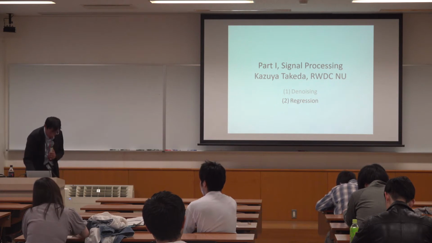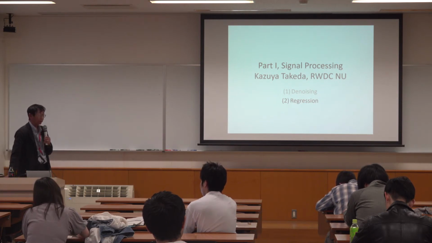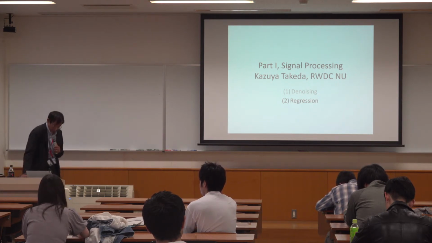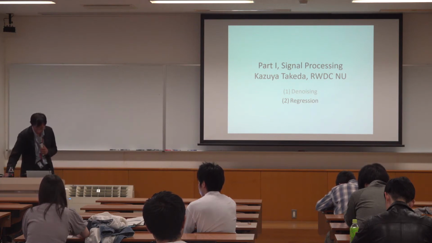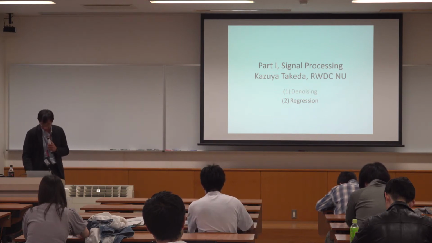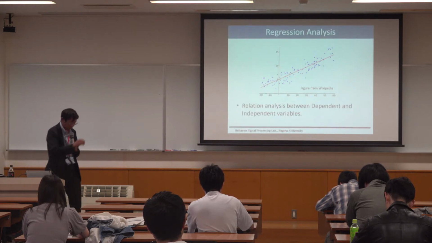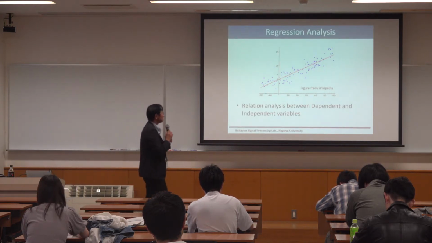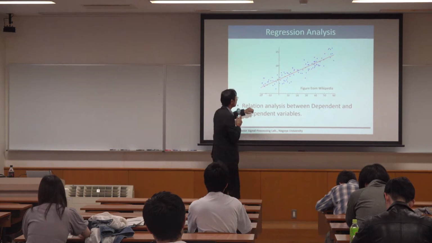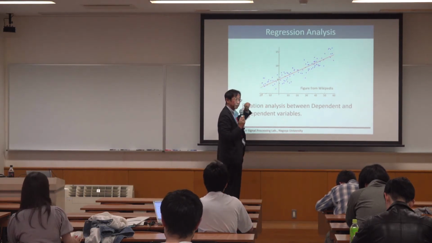Inference is about a variable which potentially may be associated with observed data, but is not easily observed in real time or in an online manner. So this is a typical figure of what regression is.